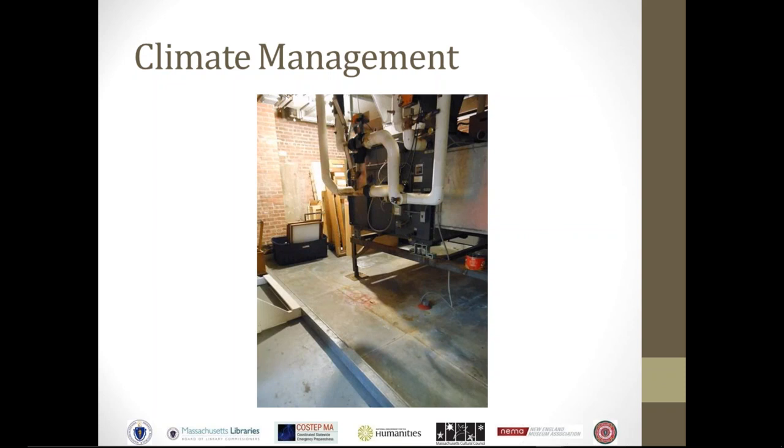So ensuring our climate management is sustainable will depend not only on our building type and our equipment, but also the climate the building exists in, as we talked about, and the maintenance of the external and internal building envelope.